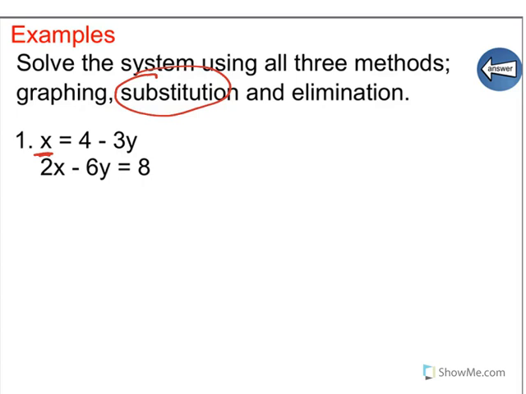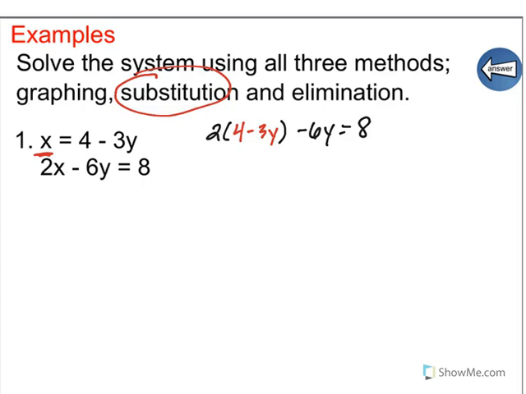So instead of 2x minus 6y equals 8, what I can do is plug in 4 minus 3y for that x. So I'd have 2 times 4 minus 3y.